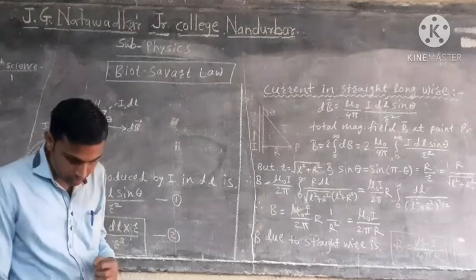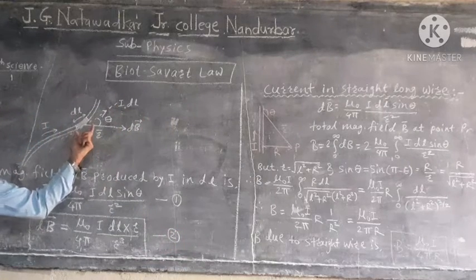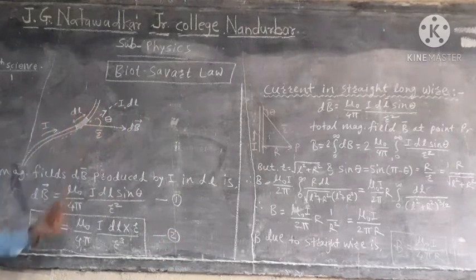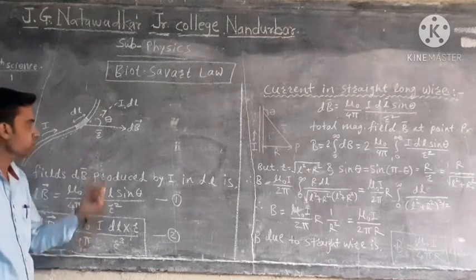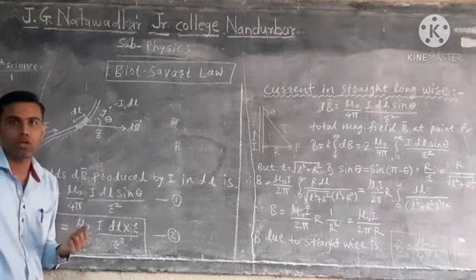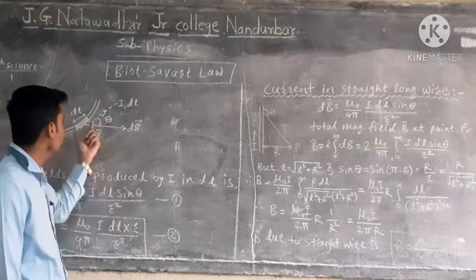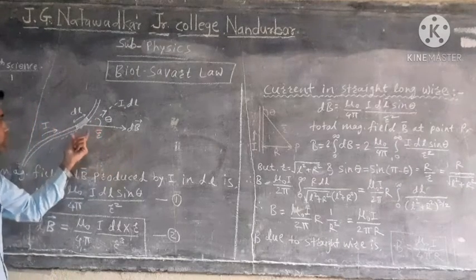It can be obtained by the superposition of magnetic fields associated with a large number of length elements. There are many length elements combined in a long straight wire, and for each length element the value of magnetic field is different.